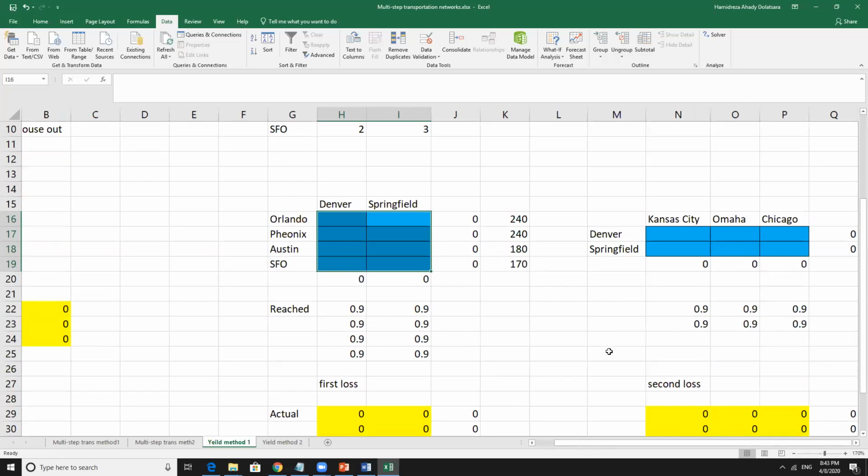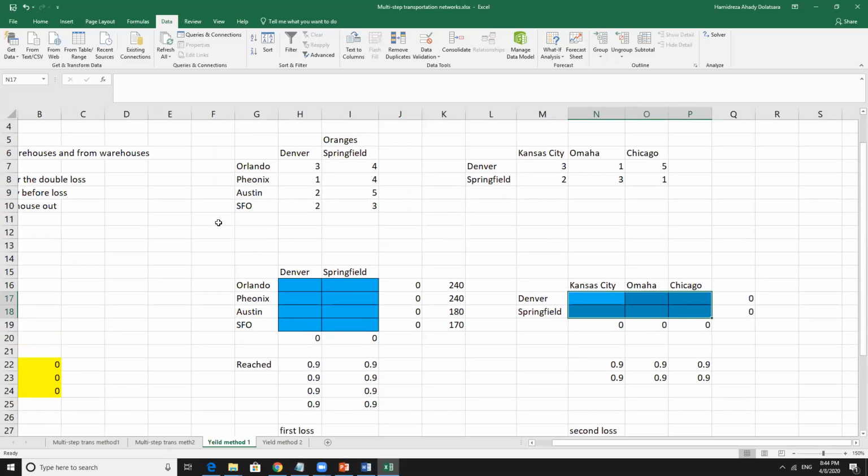So we still have a two-warehouse table. We sent from Orlando, Phoenix, Austin, and San Francisco to Denver and Springfield. And we still have the second table, which is what we sent from those warehouses to the destinations or customers.